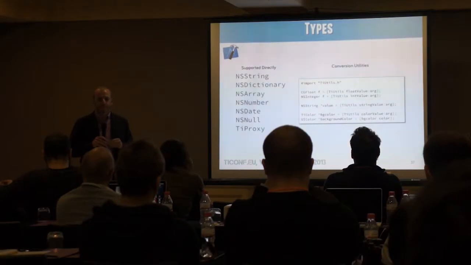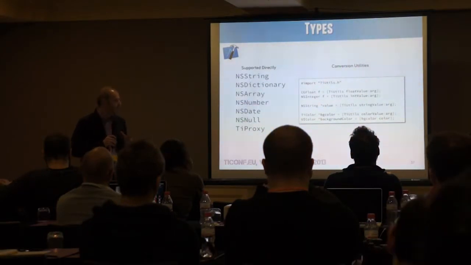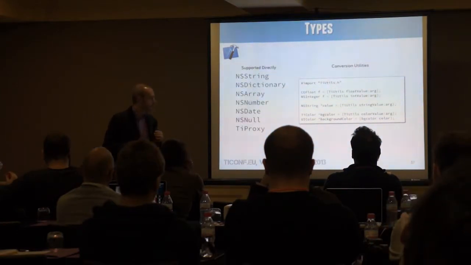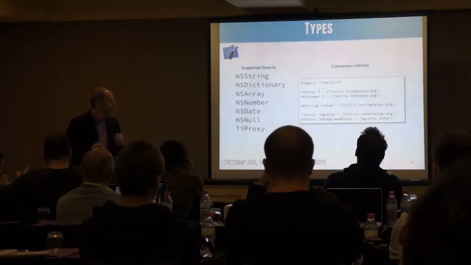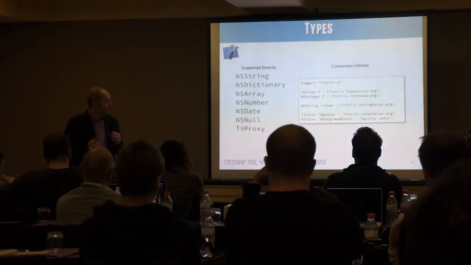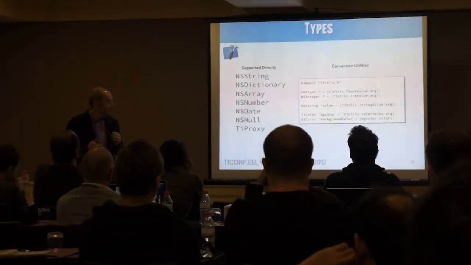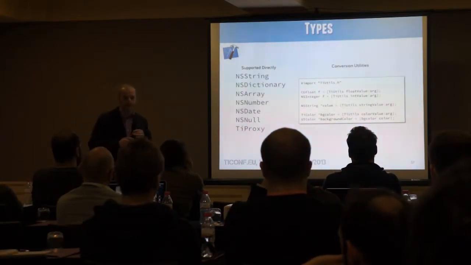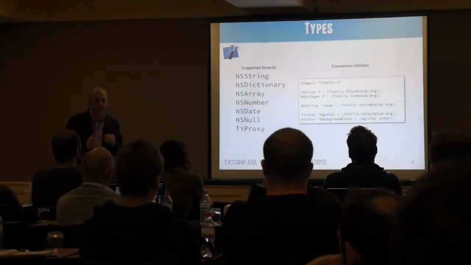The types. As you know, JavaScript supports a bunch of types: numbers, strings, null, undefined, and so on, plus a set of native objects, types like the array, the date, and so on.